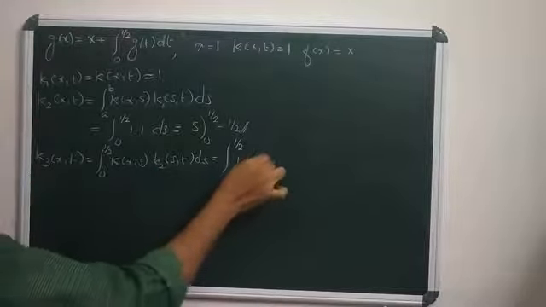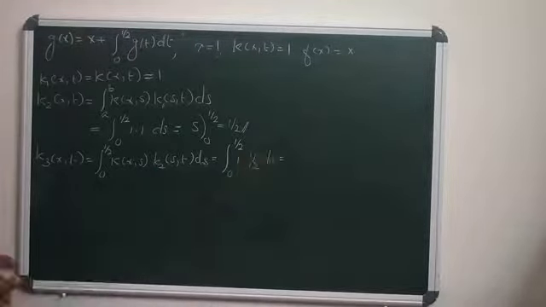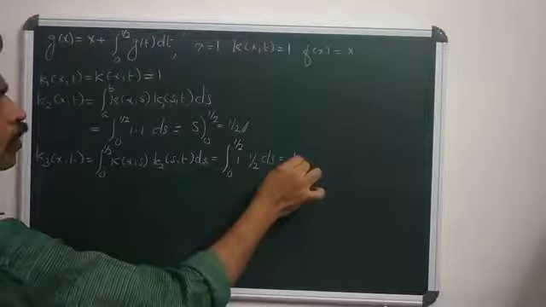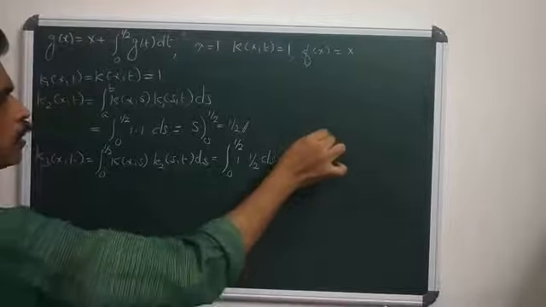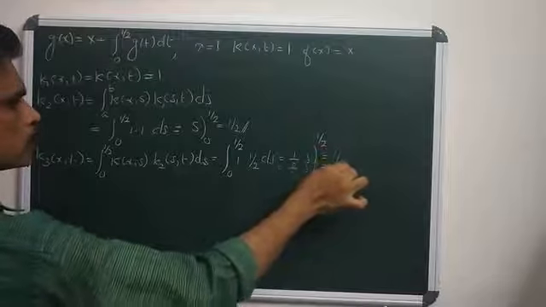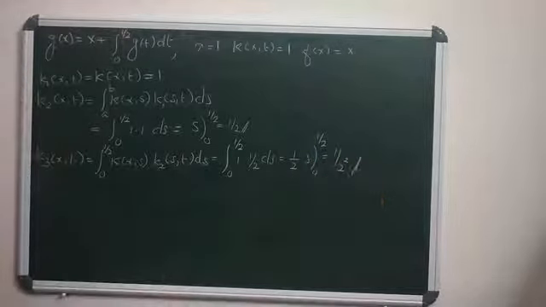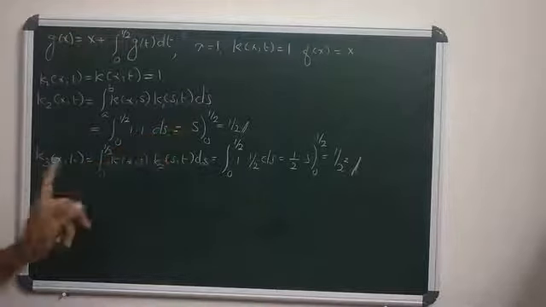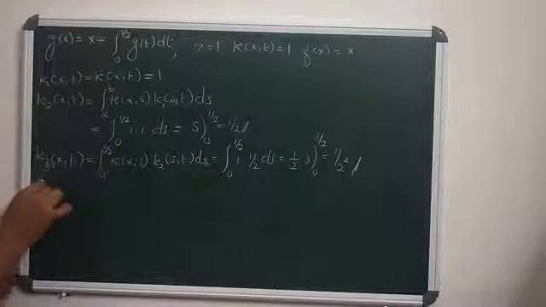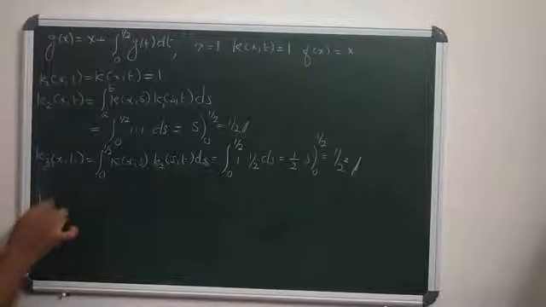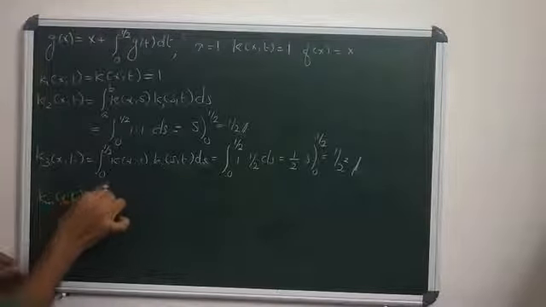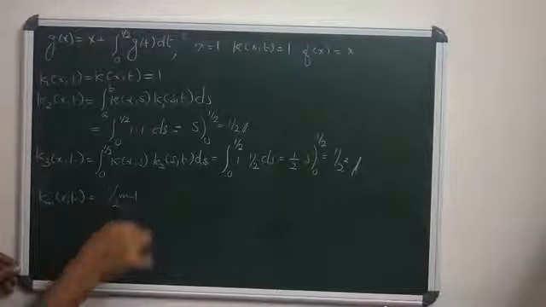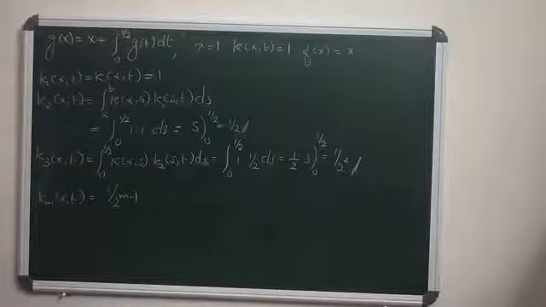So it is again half ds, so it is 1 by 2 into s from 0 to 1 by 2, which equals 1 by 4, meaning 1 by 2 square. So k2(x,t) is 1 by 2, k3(x,t) is 1 by 2 square. Therefore, what is km(x,t)? It is 1 by 2 power m minus 1, by the generalization.